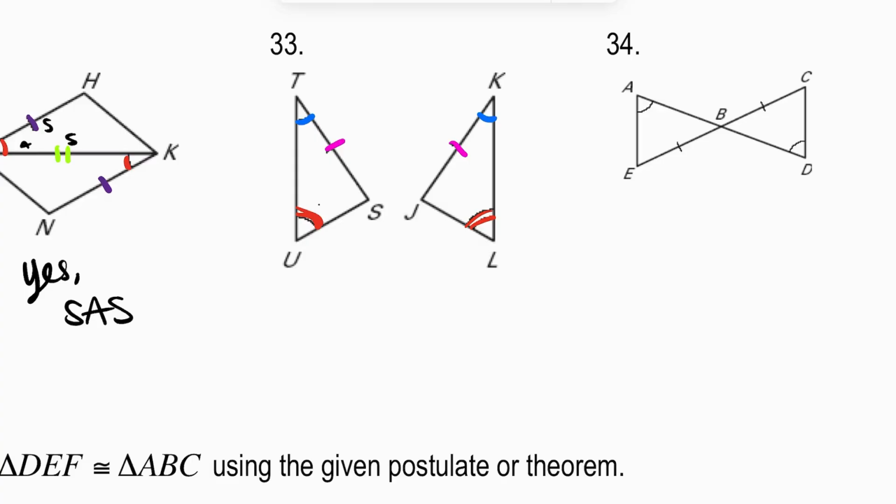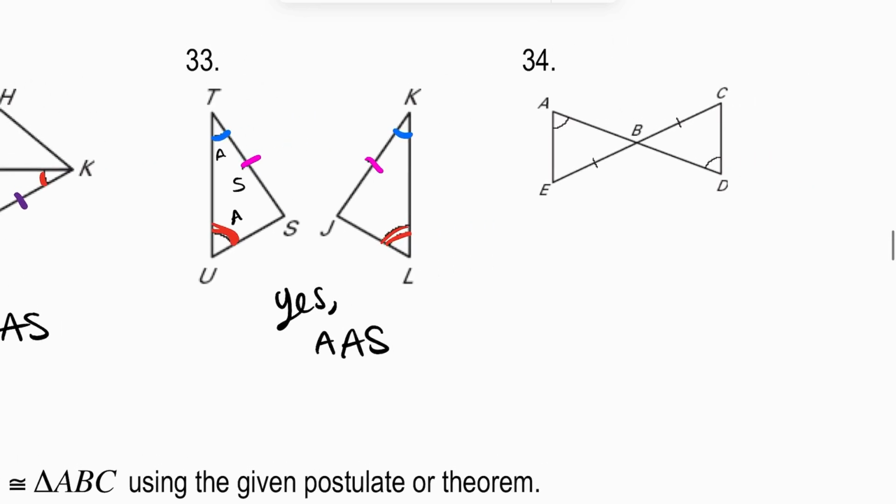The side is not between the angles, so we have angle, angle, side. And then for 34, we have a congruent angle, we have a congruent side, and we have vertical angles. So here we have angle, angle, side again.